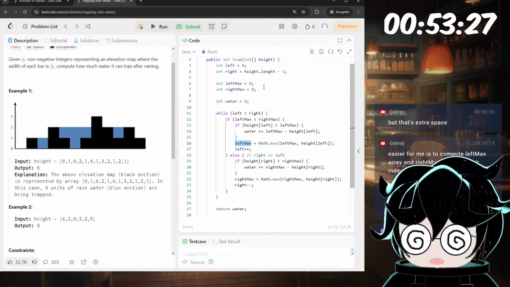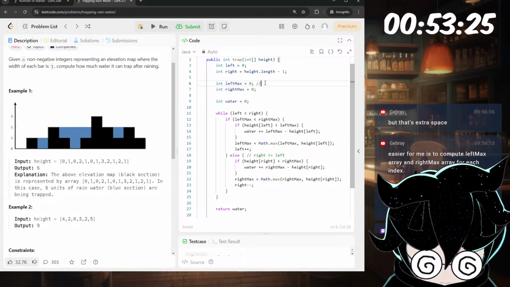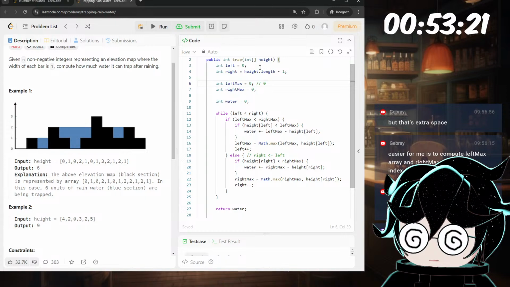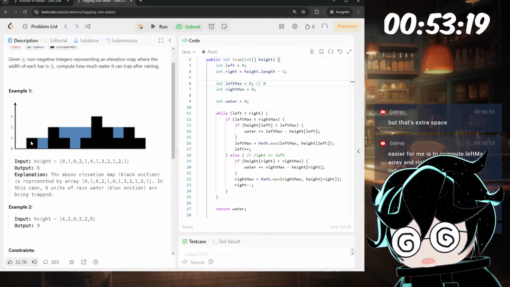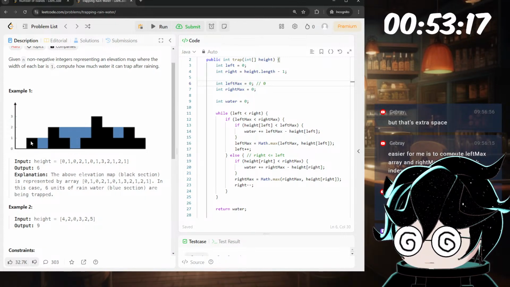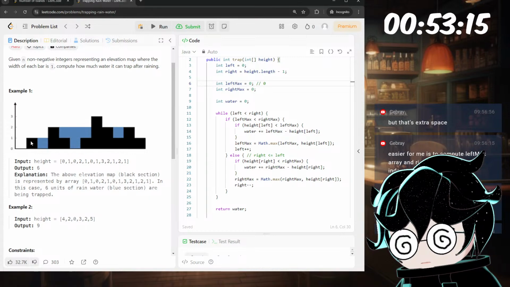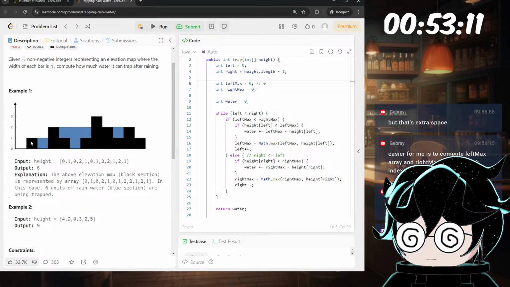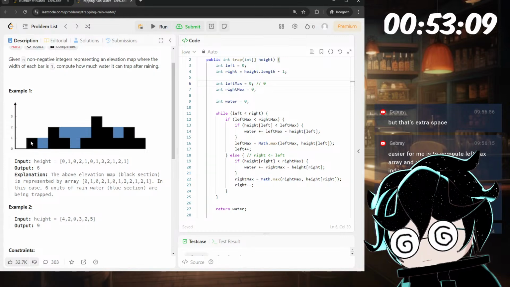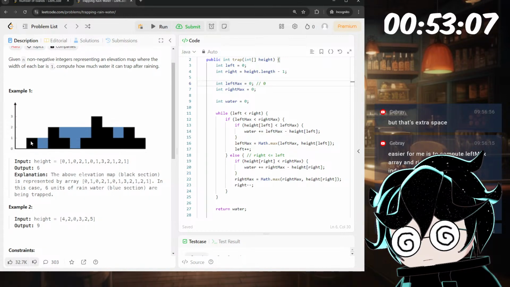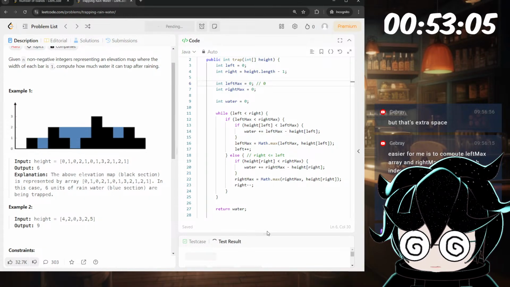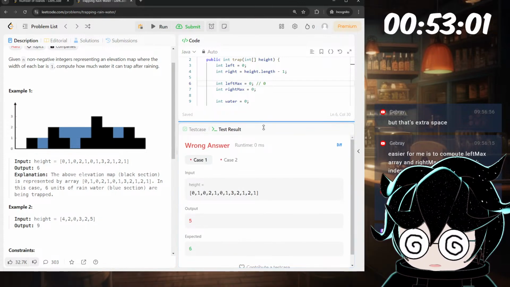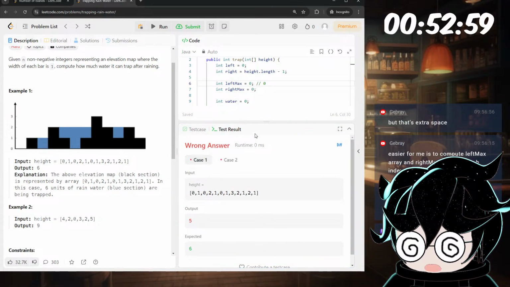Left max is equal to 0 still. Okay, and we get to here. Everything is still 0, so it doesn't matter. Left is now equal to 1. You know what? I'm so confused. Let's just try running this once. Wrong answer.